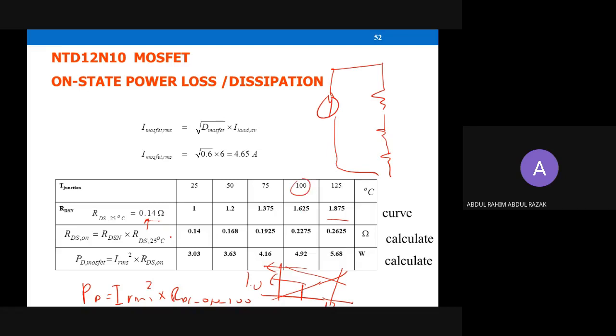And that's why we can see from the solution, PD is 4.65 squared times 0.2275, or 0.2725. And so PD is equal to 4.92 watt.